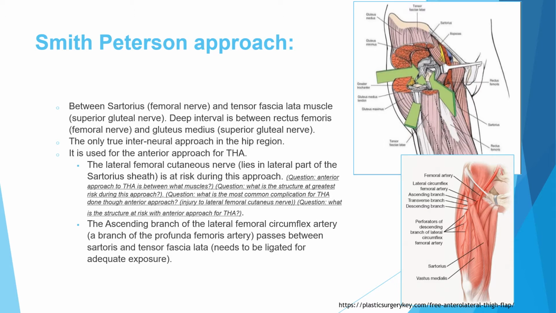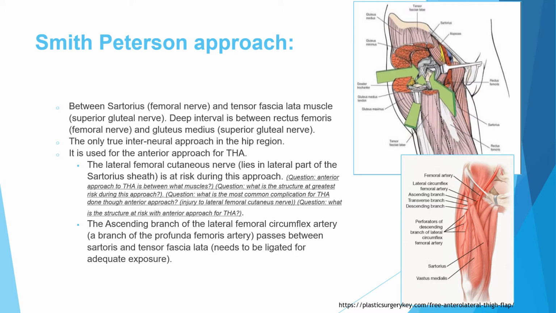We'll start with the anterior approach or the Smith-Petersen approach. The Smith-Petersen approach is actually the only true internervous approach to the hip, because the sartorius is supplied by the femoral nerve, the tensor fascia lata is supplied by the superior gluteal nerve, and the deep dissection is the rectus on one side, which is supplied by the femoral, and the gluteus medius, which is supplied by the superior gluteal nerve.